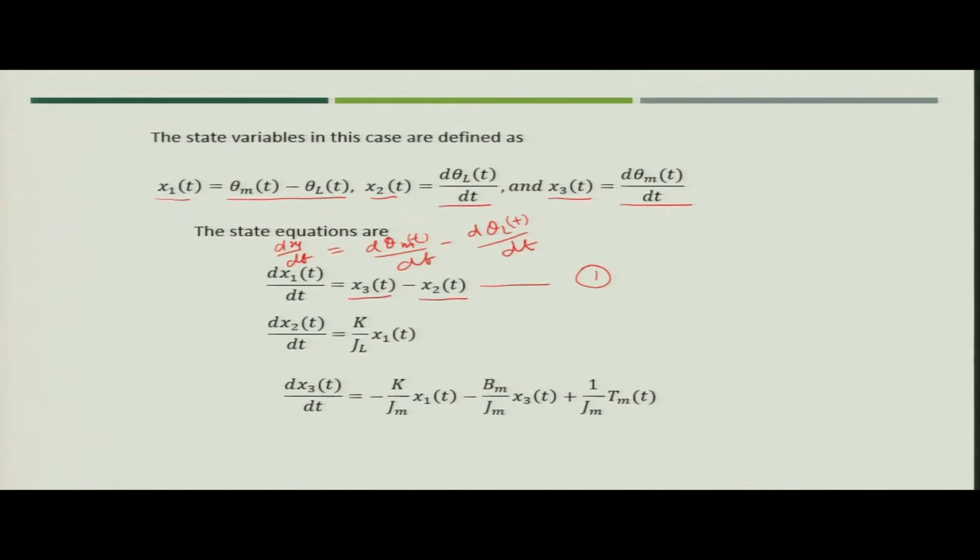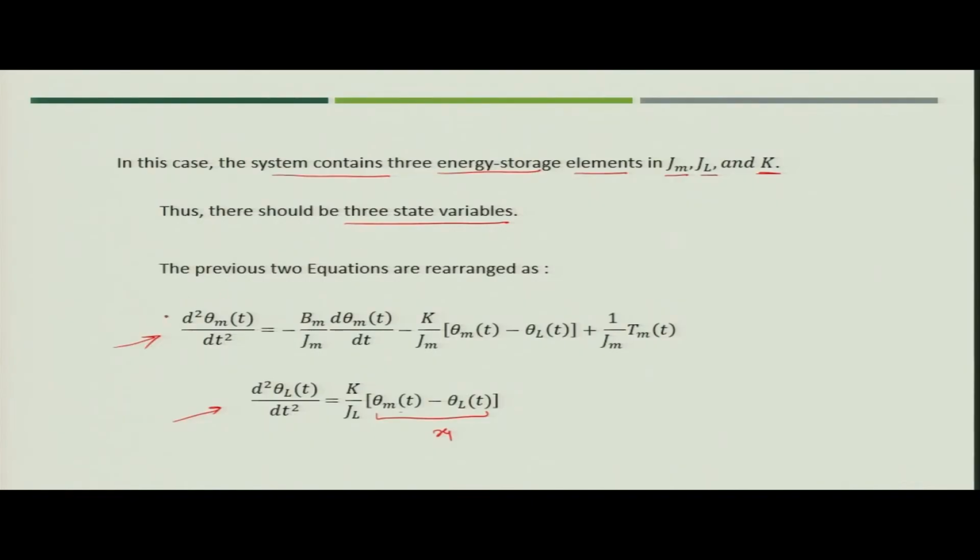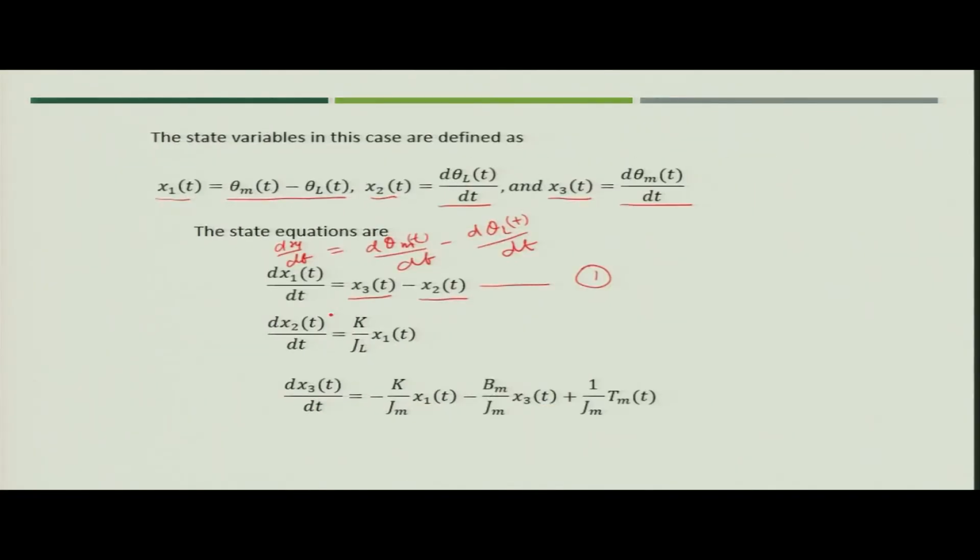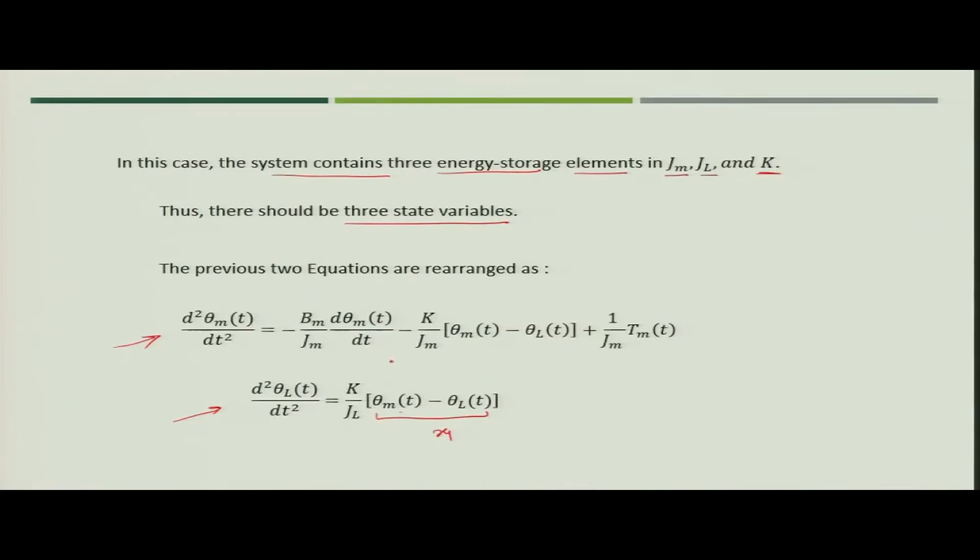Similarly, for the first equation, what you can write? d2 theta m by dt2 is nothing but x3 dot, or you can write dx3 by dt, and then it is minus bm by jm d theta m by dt, which we will write as x3. So, minus bm by jm x3 we have got, then minus k by jm (theta m minus theta l).